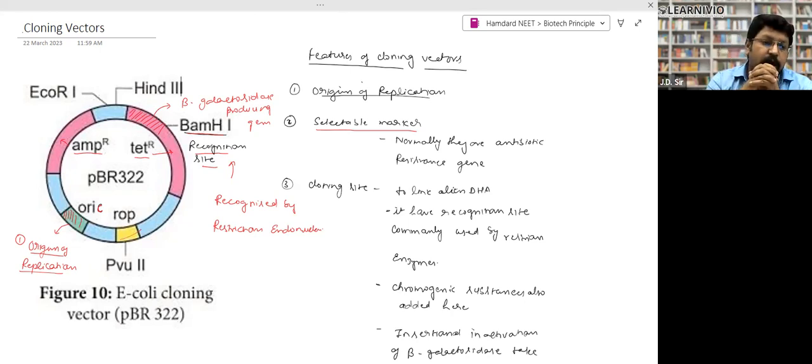So we call replication of DNA autonomous, either of bacterial DNA or eukaryotic DNA. But the replication of the plasmid is semi-autonomous. Replication of mitochondrial DNA is semi-autonomous. Replication of chloroplast DNA is semi-autonomous. So three DNAs, chloroplast DNA, mitochondrial DNA, and plasmid, are semi-autonomous in replication.